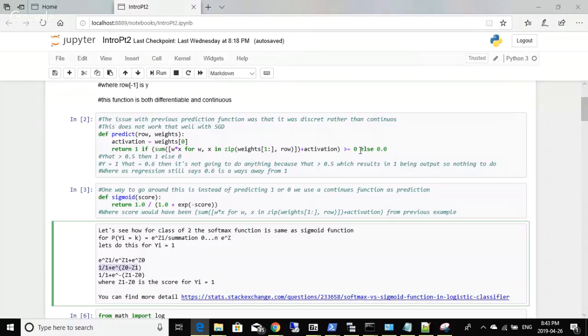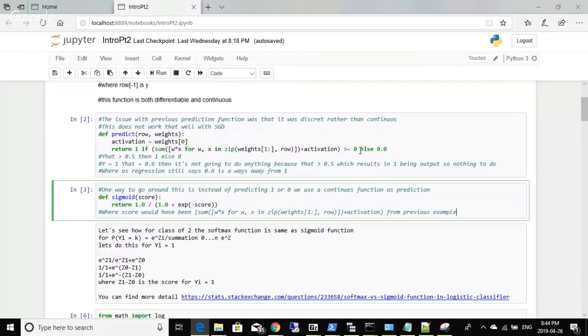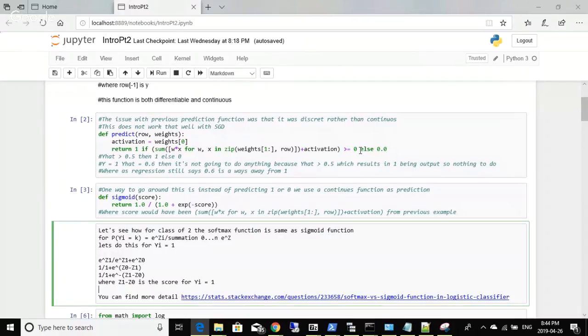Of course, you can do factorization to reduce it to this format, okay? Then you factor out the negative, and you can see that this essentially is a score right here, and this function is the same as sigmoid. And of course, there's more detail you can find from here, from the Stats Exchange.